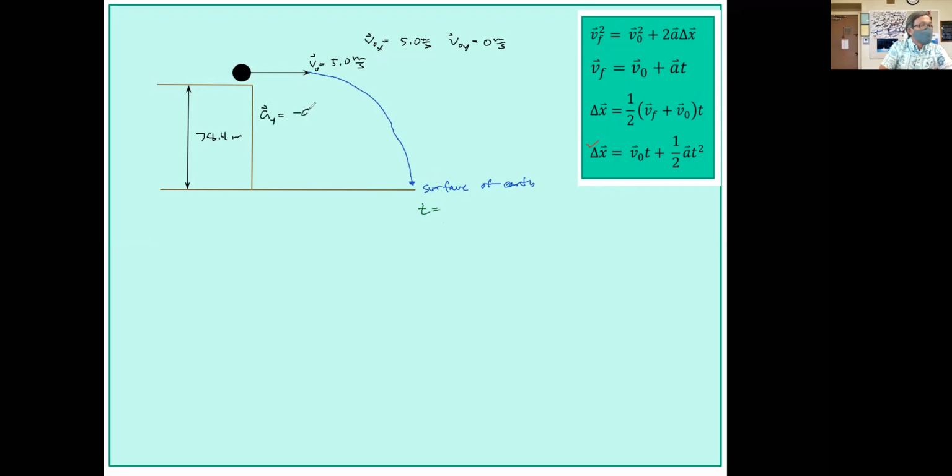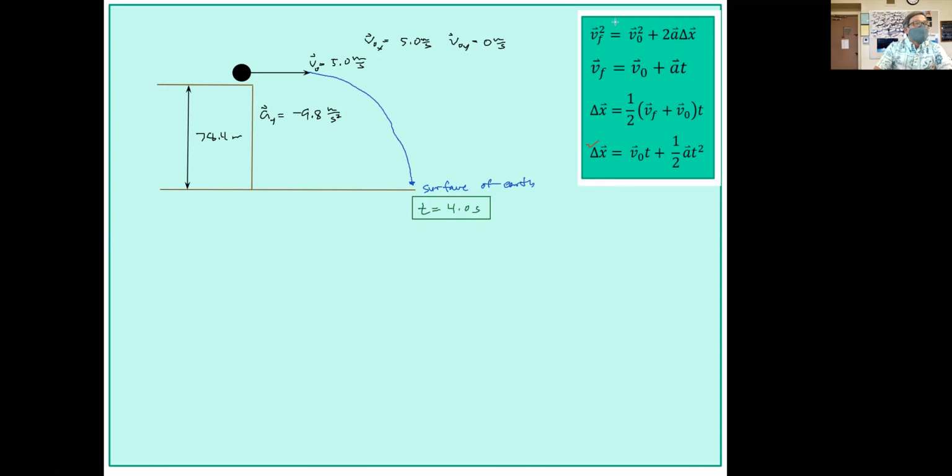And remember that the only acceleration an object experiences as it's moving in this projectile manner is downward. So that acceleration we know, and we're able to use the fourth equation here to solve for the time. We solved for the time as being 4 seconds. So it takes 4 seconds for the stone to fall from the top of the cliff down to the surface of the earth.